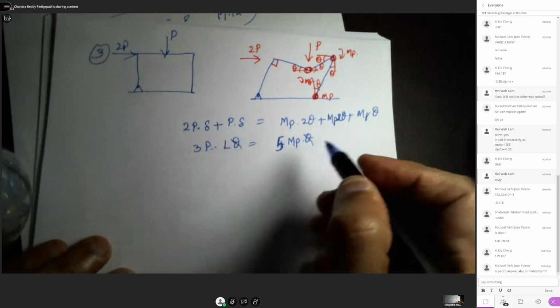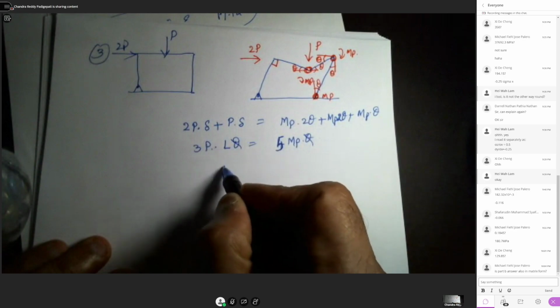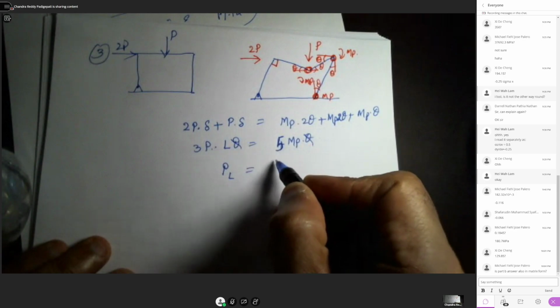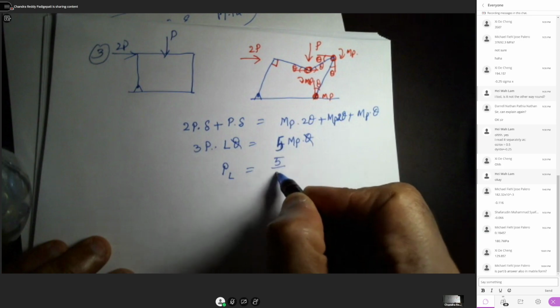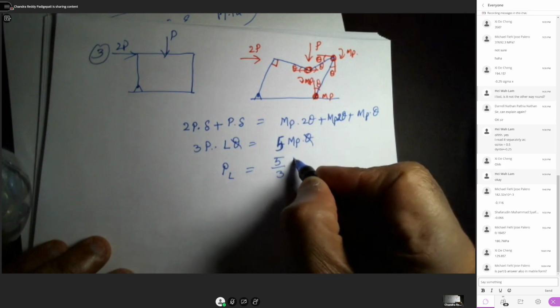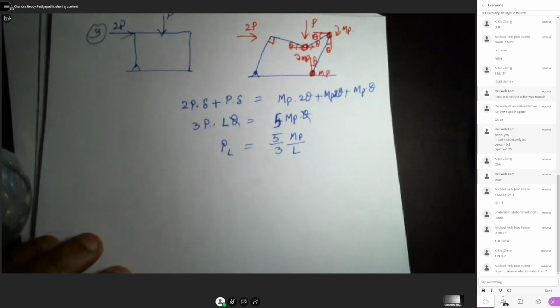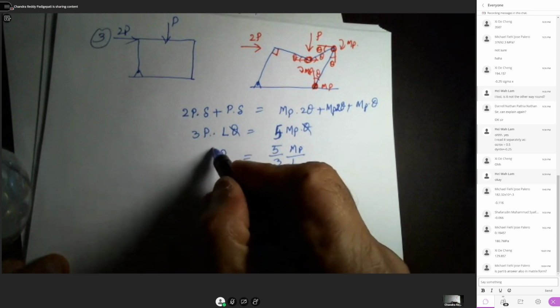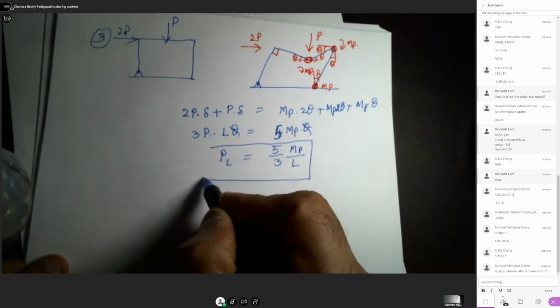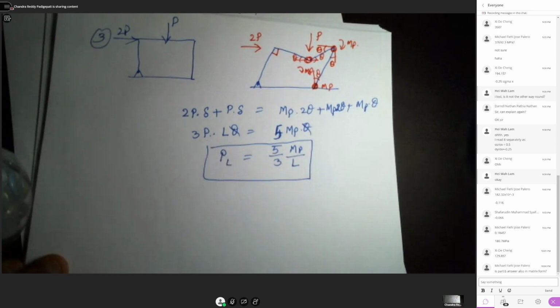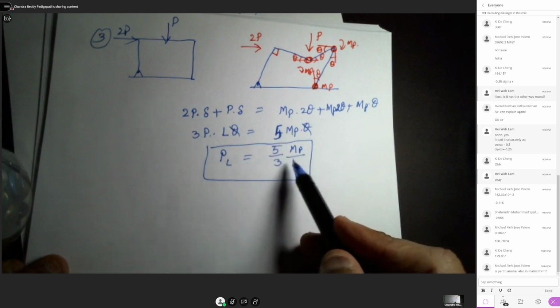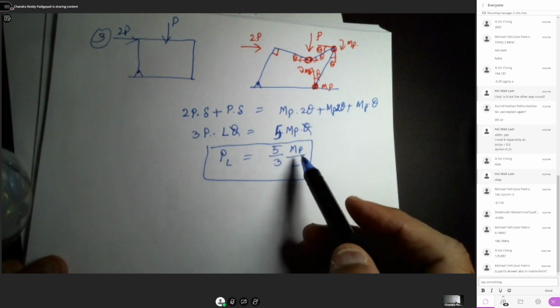So we can cancel theta, then the plastic load you can write as 5 by 3 Mp over L. So the plastic load for failure mode 3 will be 5 by 3 Mp over L.